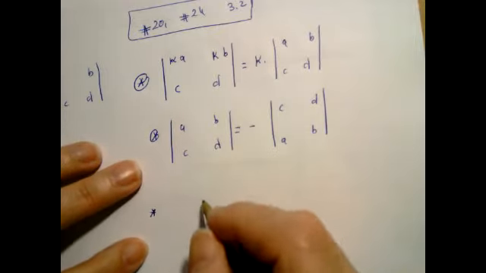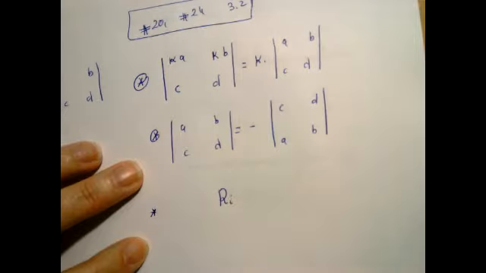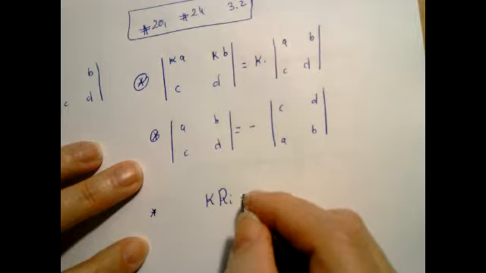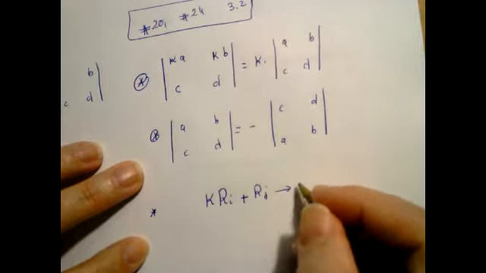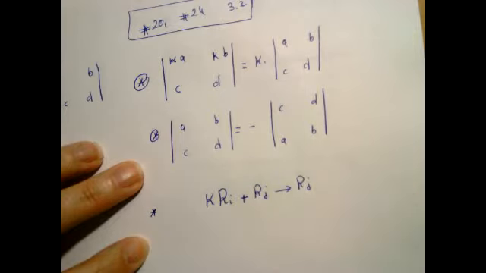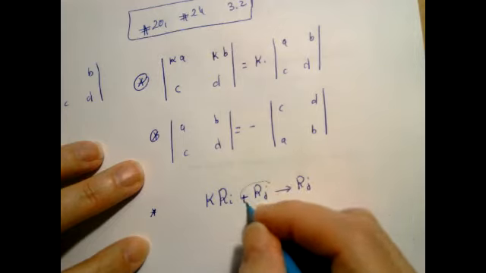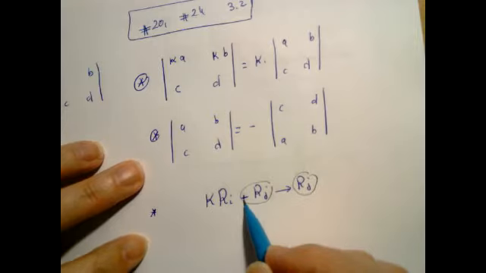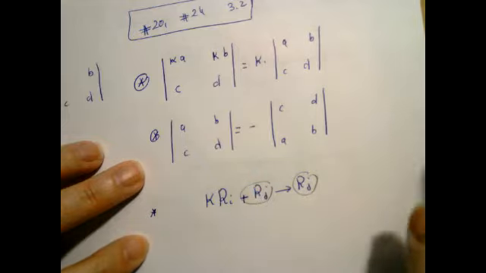We take a row, let me call it Ri, multiply it by a constant, k, and then add it to a row Rj, and whatever I get will become my new Rj. So this is a little bit tricky. Whatever I have here should be here, and that's important. If I have minus Rj, this fails. It has to be plus Rj, and that would be the new Rj. Then the determinant will not be affected at all.